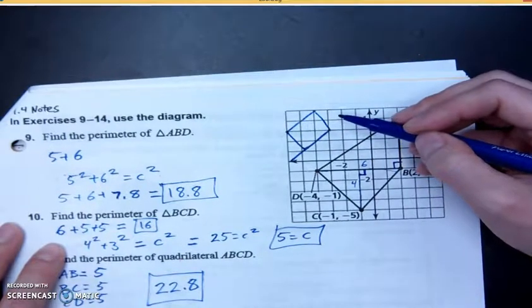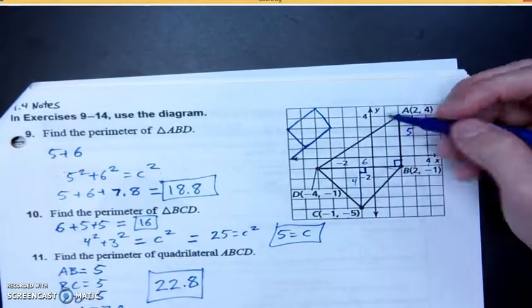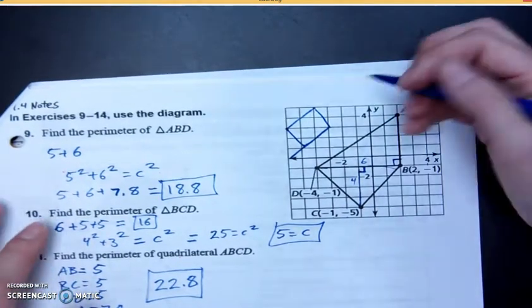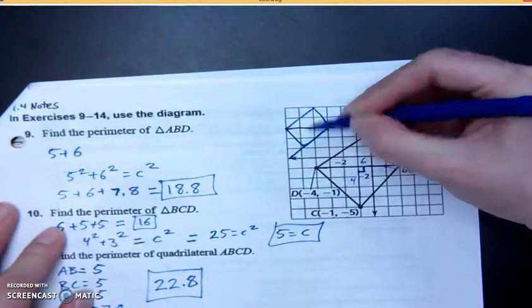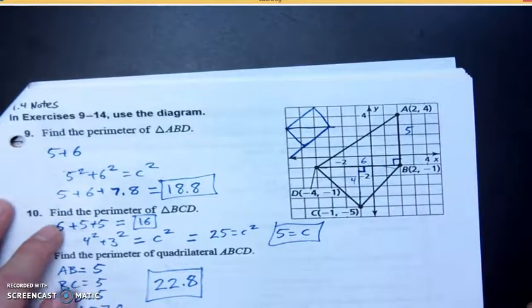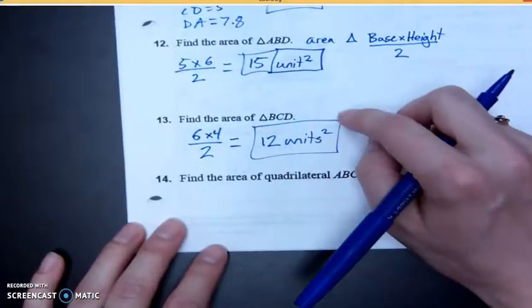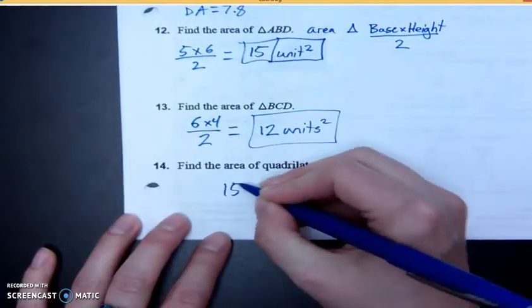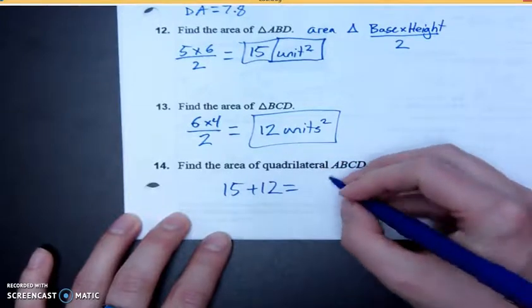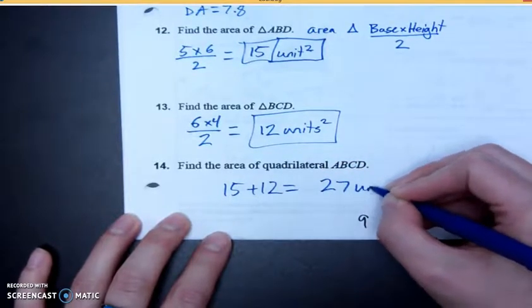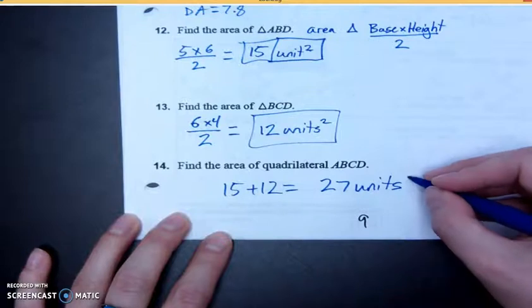I'll see if I can find you a better picture later. But if you can't find easy base and height, just divide it into triangles and find the areas from there. Okay, so that's what you do on quadrilaterals. And since we've already found them, that's really easy for us to do. 15 plus 12. 27 units squared.